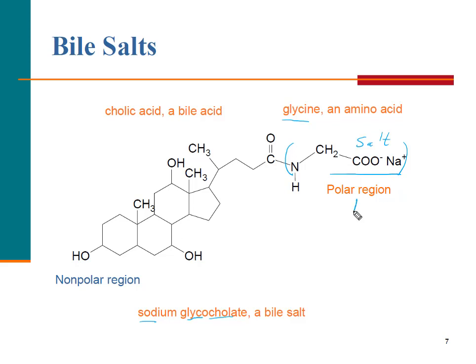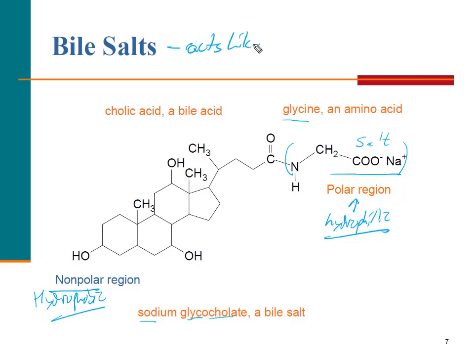This interacts with water, so it's hydrophilic. This is the nonpolar region, right? This is hydrophobic. If you have a molecule that has both hydrophilic and hydrophobic regions, right, it acts like a soap, and it's amphipathic.